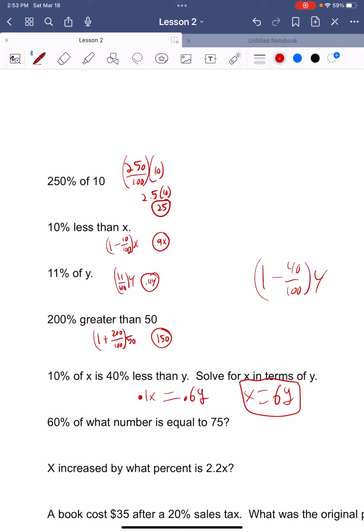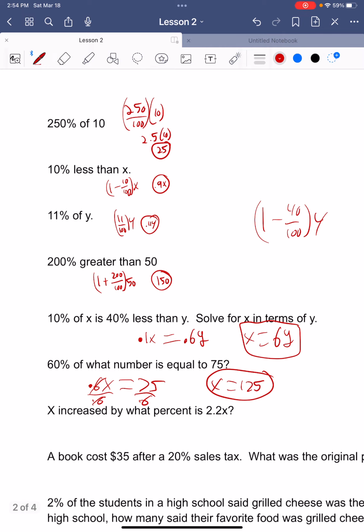So 60% of a number is 0.6 times a number. I'm going to label that x, and this is just using the of rule. That's equal to 75. So using our calculator, we could just divide by 0.6 on both sides to get x by itself. Then x equals 75 divided by 0.6, which is 125.